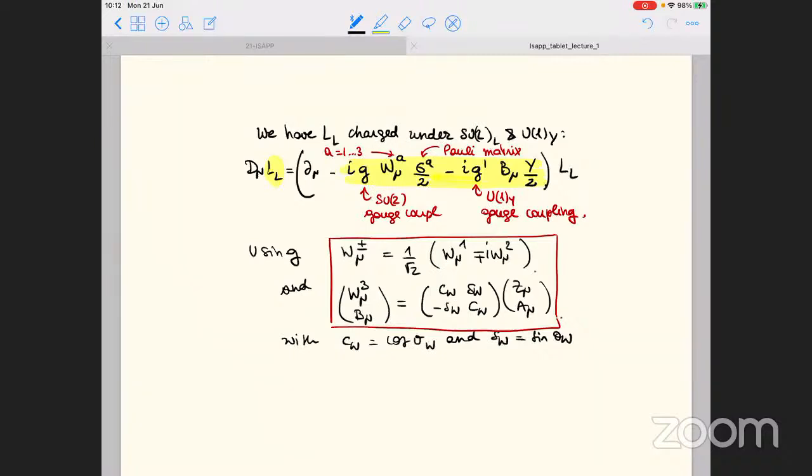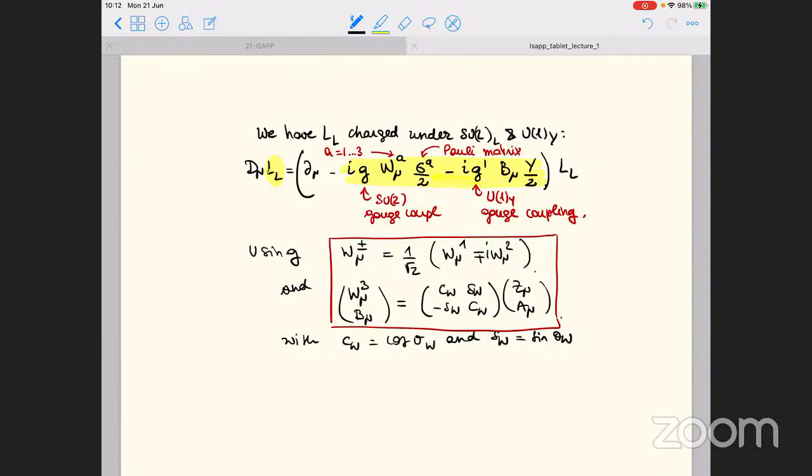Index mu is the Lorentz index, so it goes from 0 to 3. And it also contains gauge bosons into the story. The first term that I have written there in the parentheses is the derivative.